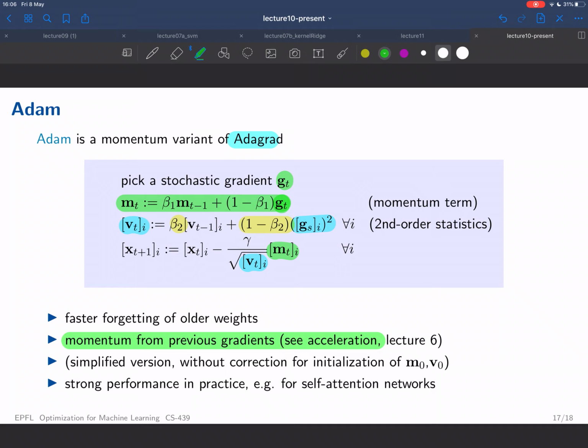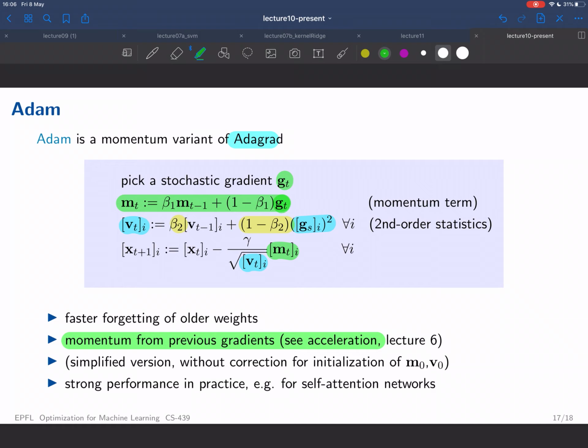They keep pushing in the same direction. So momentum is actually super important in deep learning. Without it, you cannot get state-of-the-art accuracy in most, for example, image classification settings, except if you're super careful to tune the step size.